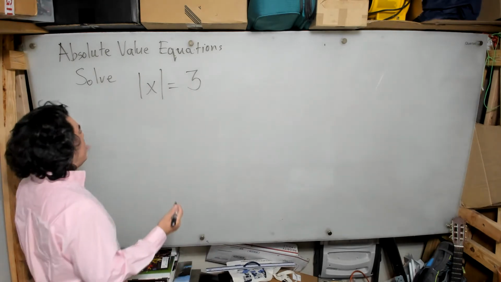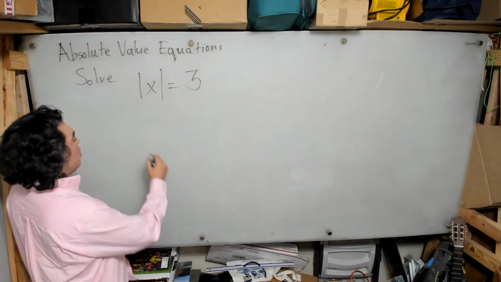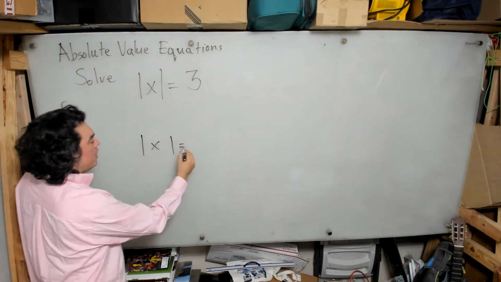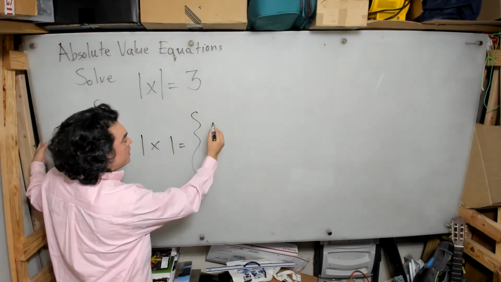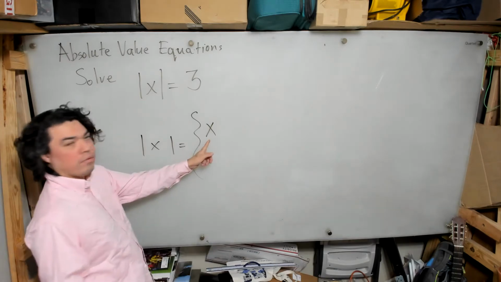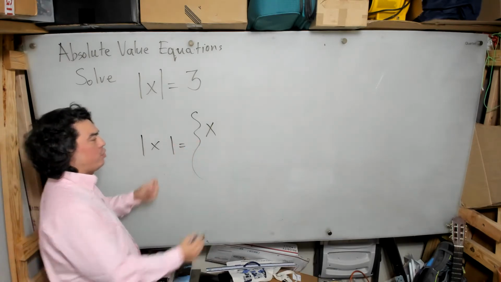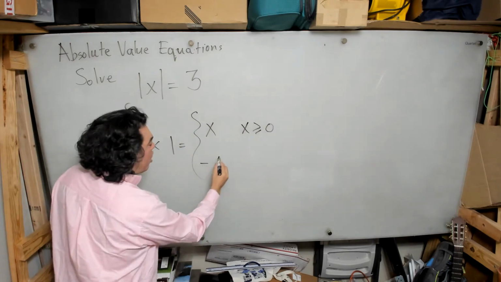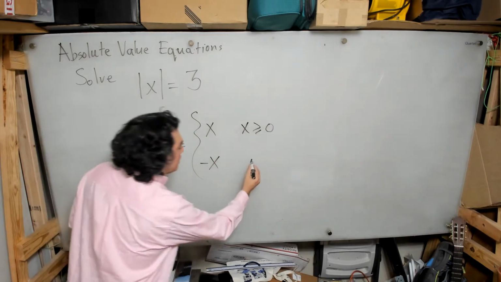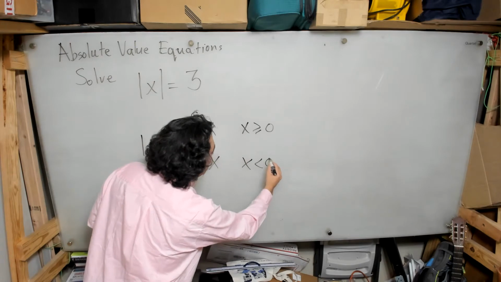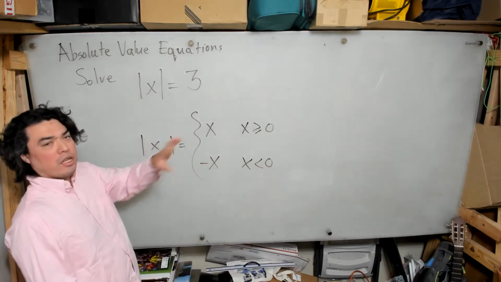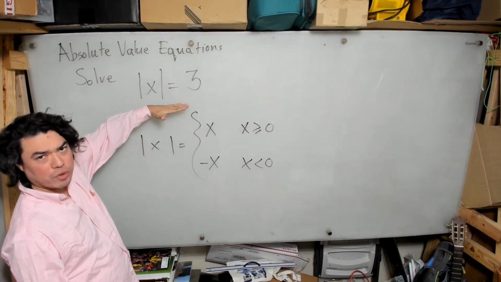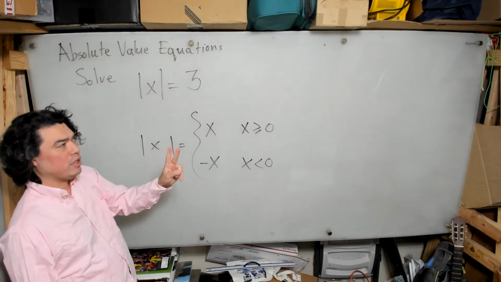So the basic idea is this. We recall that the absolute value of x in our analytic definition is either x itself if the input x is positive or 0, or it's the opposite of x if x is negative, right? In other words, when we're looking at an absolute value equation like this, there's two possibilities.